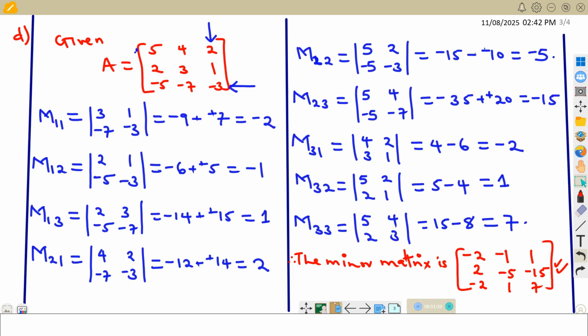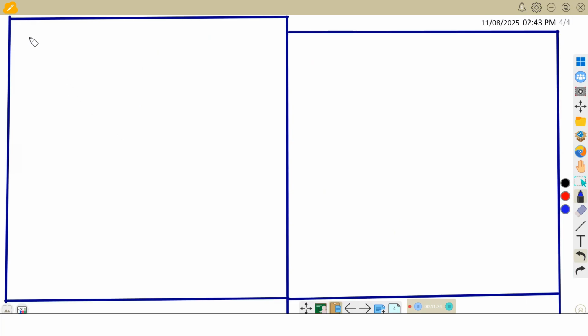We shall get the cofactor matrix by using the minors that we have obtained, because we understand that the cofactor of any entry ij is the same as negative 1 to the power of i plus j, times the minor of that same entry. So let us look at the cofactor 1, 1.